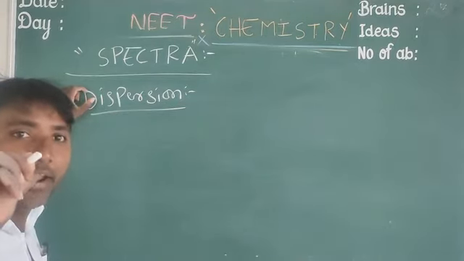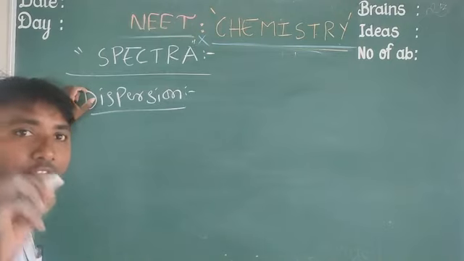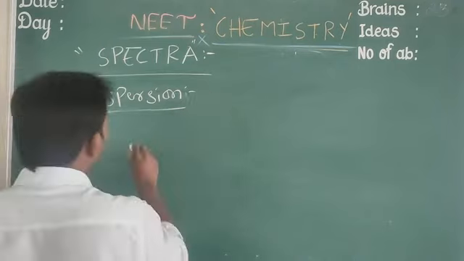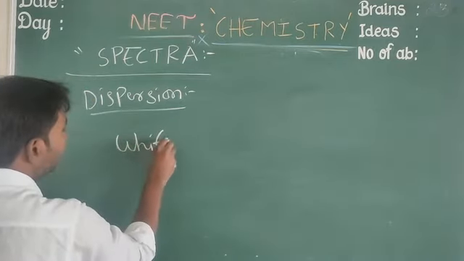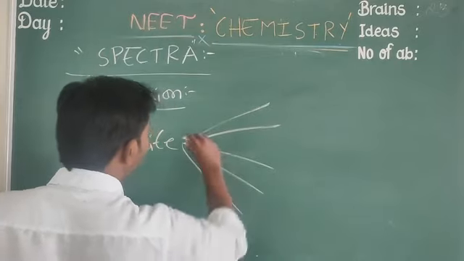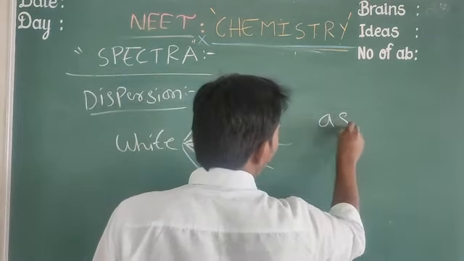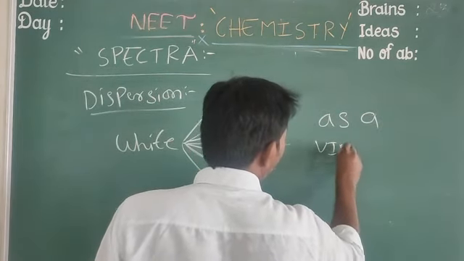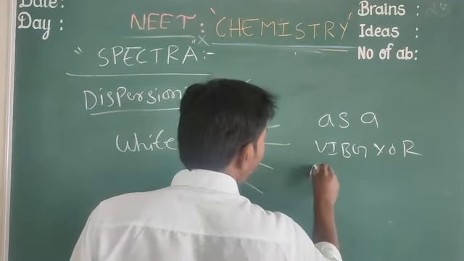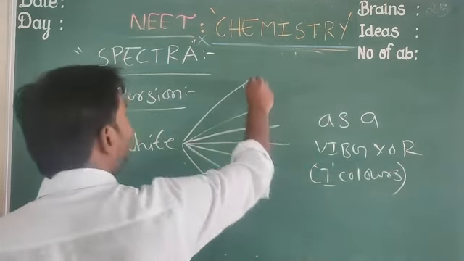When the white color splits into 7 colors as a wavelength. White color split into 7 colors as a wavelength. How many colors? 7 colors. So what are the 7 colors?